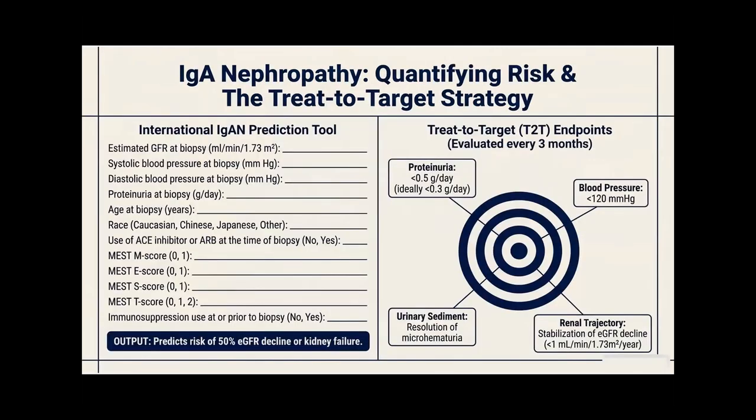Now you see IgA nephropathy, the first one. IgA nephropathy, Gd-IgA, that is galactose-deficient immunoglobulin A nephropathy: quantifying the risk, treat to target. What are the things I do?